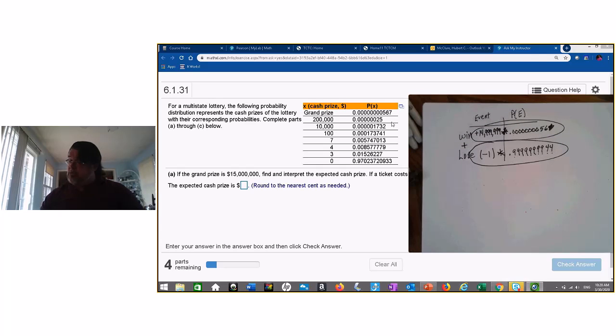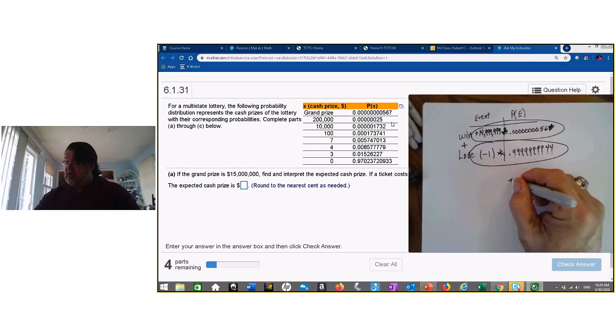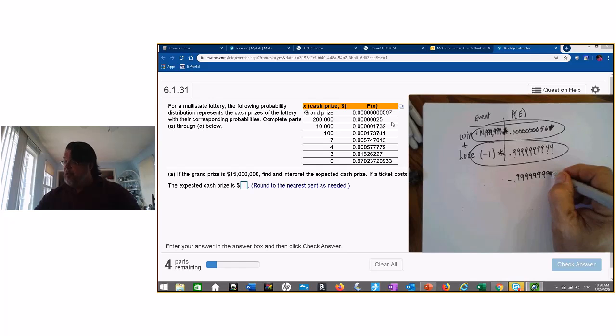So I'm going to take that 9 times -1, and that's going to equal, of course, the same. That's going to be a negative. I don't know why I just did that in the calculator. 9,999,999,44.